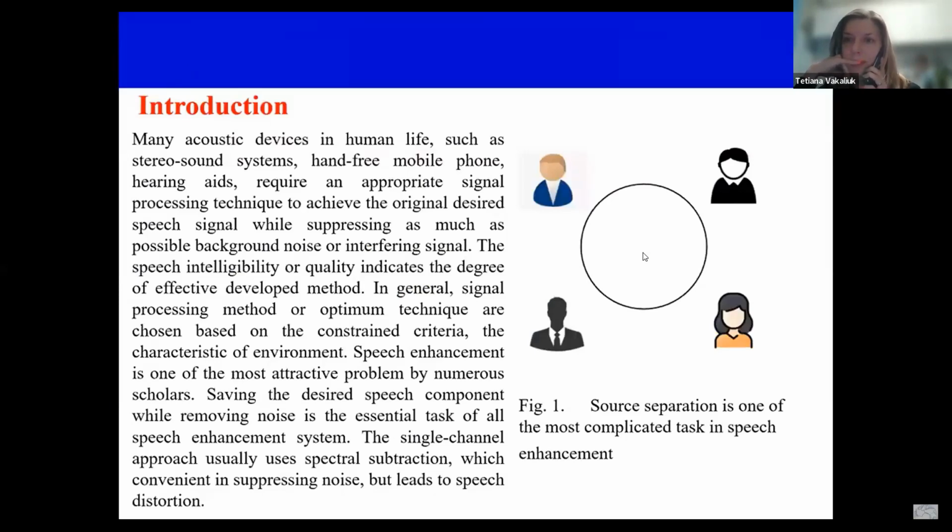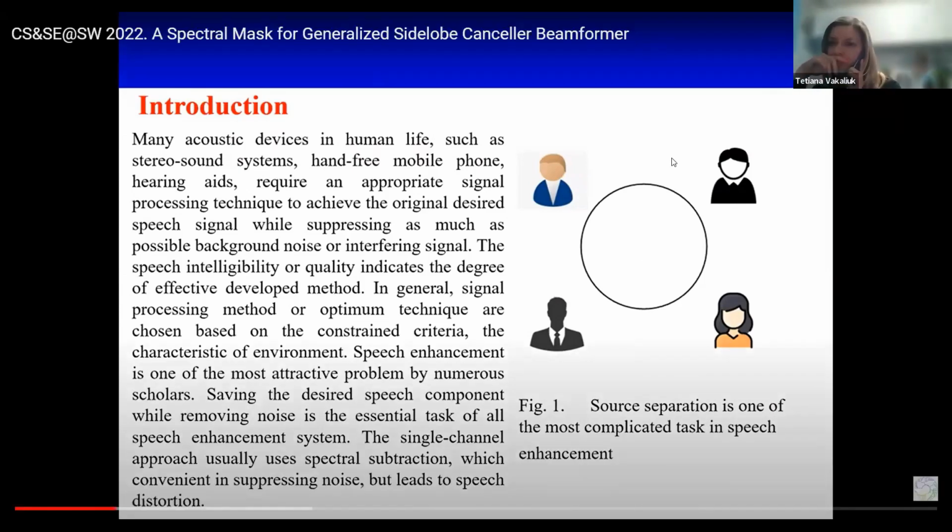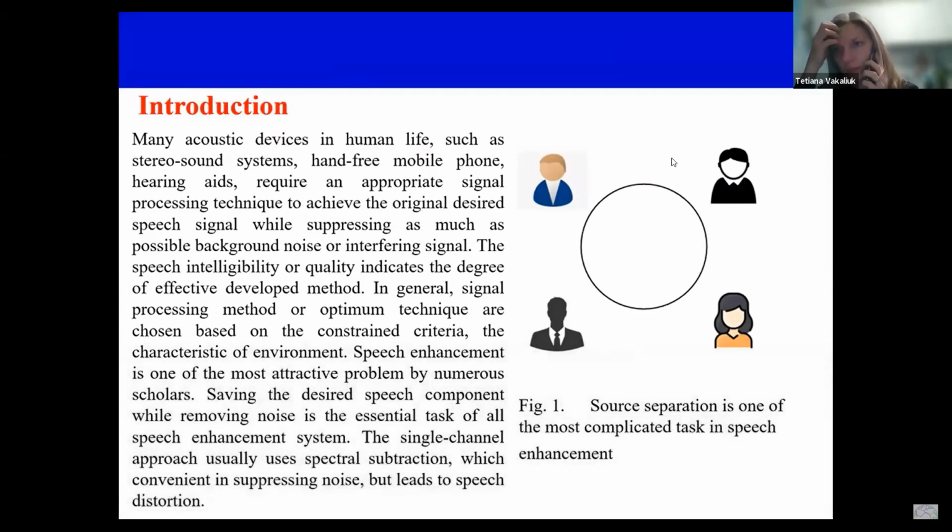Many acoustic devices in human life, such as stereo sound systems, hands-free mobile phones, and hearing aids, require an appropriate signal processing technique to achieve the original desired speech signal while suppressing as much as possible background noise or interfering signals. The speech intelligibility or quality indicates the degree of effectiveness of the developed method.